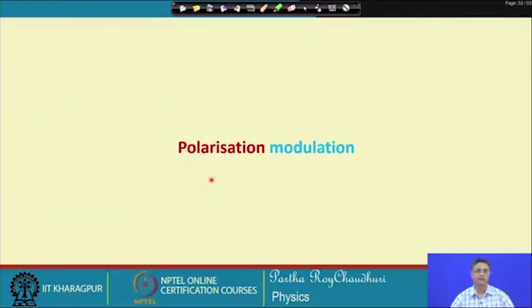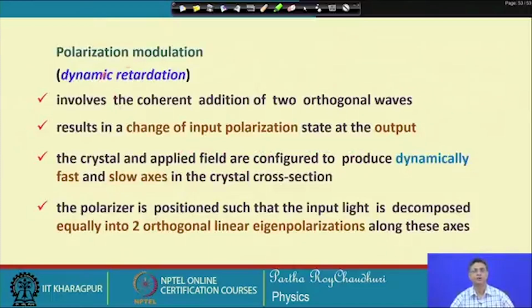Now, we will quickly visit polarization modulation. Again, polarization modulation requires a dynamic retardation, and it involves the coherent addition of two orthogonal waves. The thing to understand is that in the case of polarization modulation, there is no change in the intensity or in the direction of polarization.